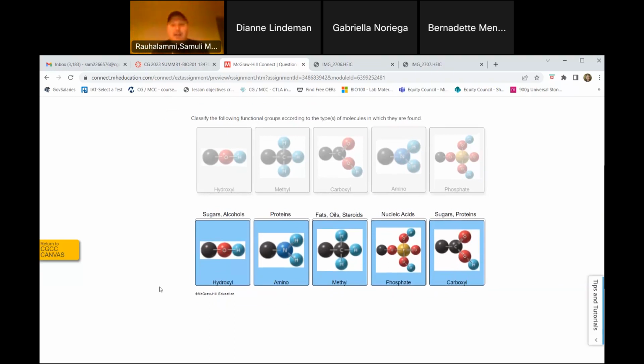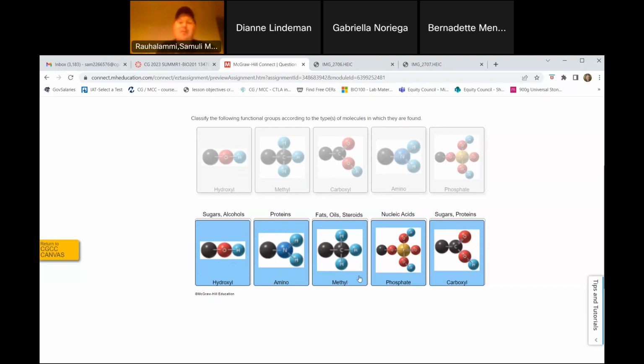So here we're asking you to classify the functional groups based on the type of molecules where we typically would find those. First of all, we're seeing the hydroxyl group, which is typically found in sugars and alcohols. We're seeing an amino group, which we typically find in proteins. So remember, proteins were amino acid chains. And then we have the methyl group.